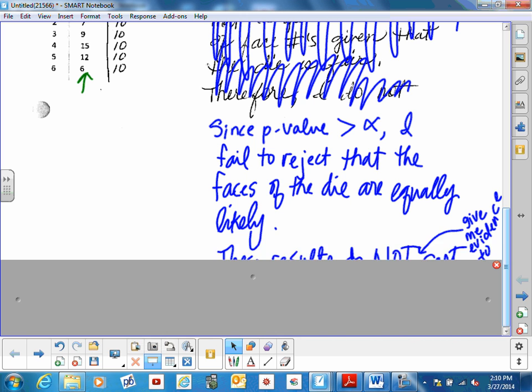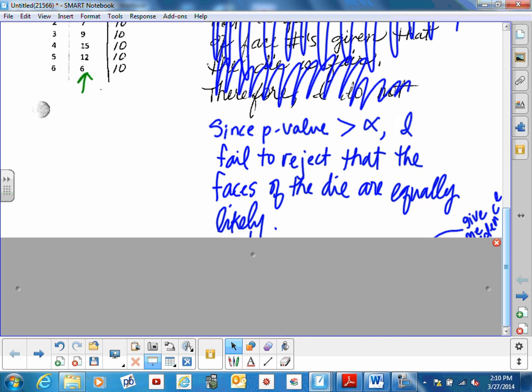So here I go. Since the p-value is greater than alpha, I fail to reject that the faces of the die are equally likely. So now we talk about having evidence for the alternative and answering the question. The question being this: do these results cast doubt on the die's fairness? What do you think?